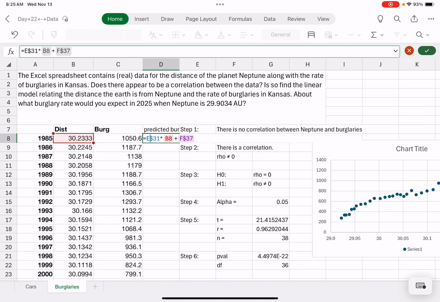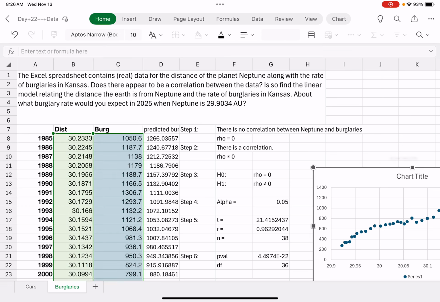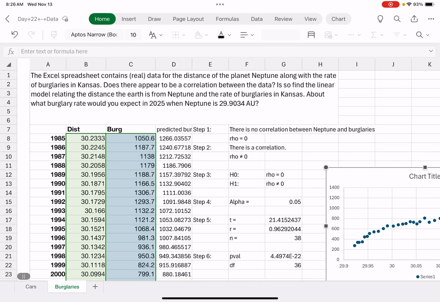Now for the real test, I'm going to click on my plot, and I'm going to drag my data. Whoops, okay. Click on my plot. All right, it doesn't seem to be working.